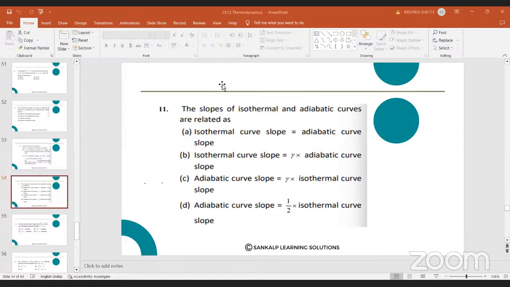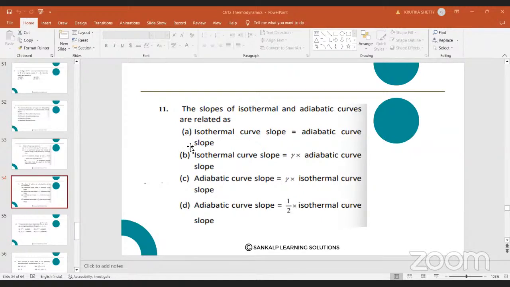See, if you want the solution, I can give you. Option C is right. So here you have to take the slope of the two processes, isothermal and adiabatic. How do you do it? In the isothermal process, PV is equal to constant, right? If you apply the log, it will be log P plus log V is equal to constant. Therefore, in the log P versus log V graph, in case of PV to the gamma, log P plus gamma log V is equal to log K. Proof is not needed, so you can just remember that option C is correct.